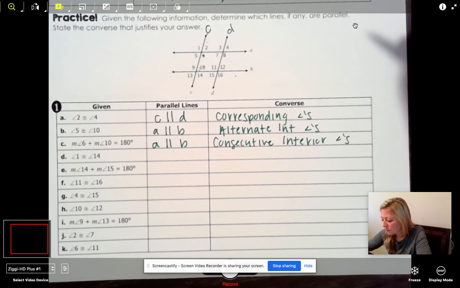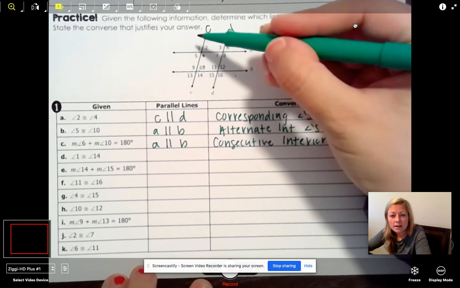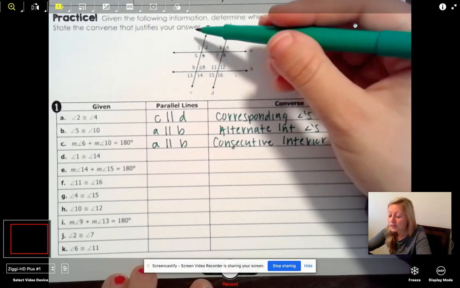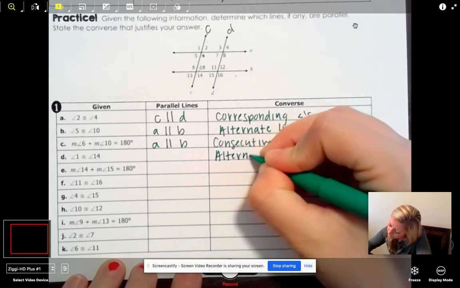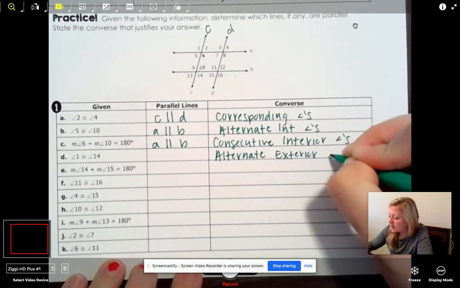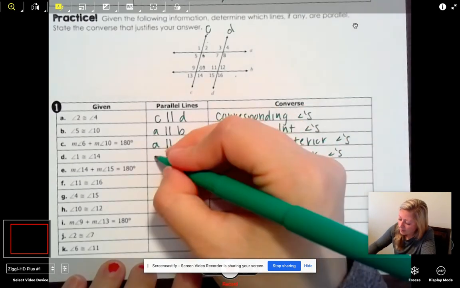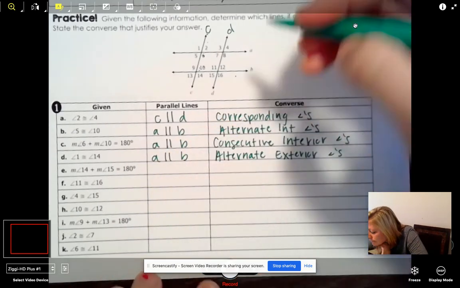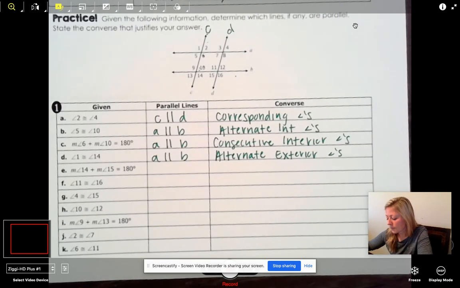All right, angles 1 and 14. 1's right here, 14 is right there. Those would be alternate exterior. So that would make lines A parallel to B. The measure of angle 14 plus the measure of angle 15 equals 180.